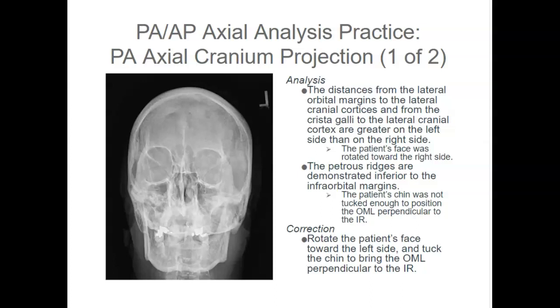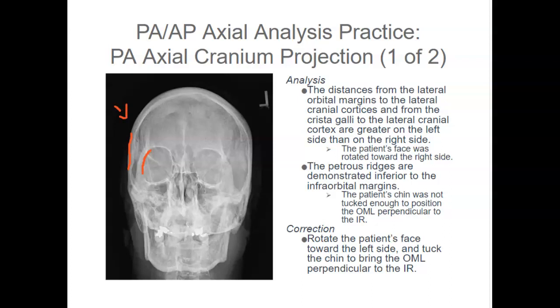We're going to look for the lateral cranial cortices here and the orbital margin here, and which one is greater than the other. And in this case, it is greater on the left side. Therefore, the patient was rotated to the right here.